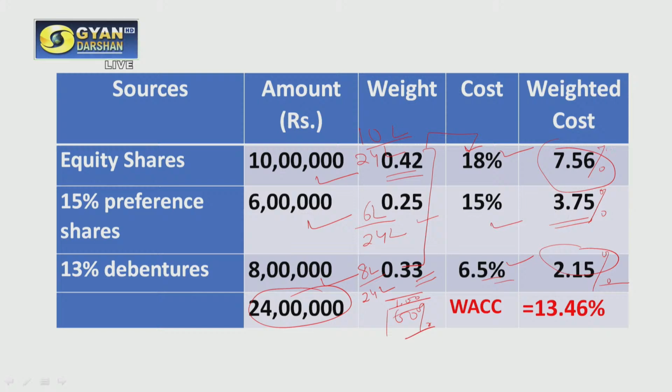Now by adding these individual weighted costs, we get the overall weighted cost, that is weighted average cost of capital. We may also call it overall cost of capital, which is 13.46 in this case.